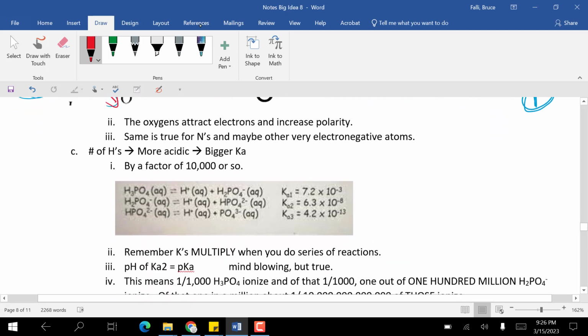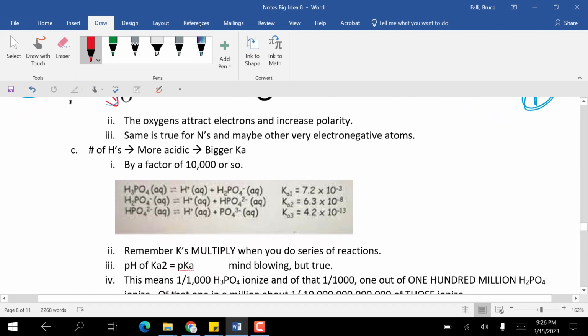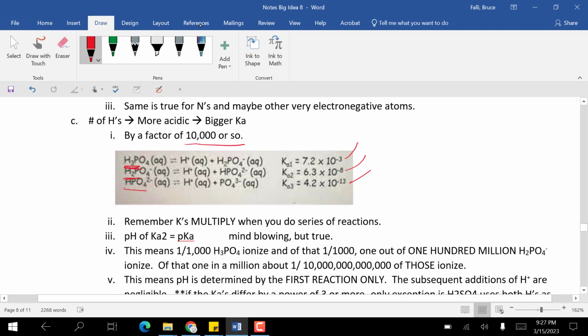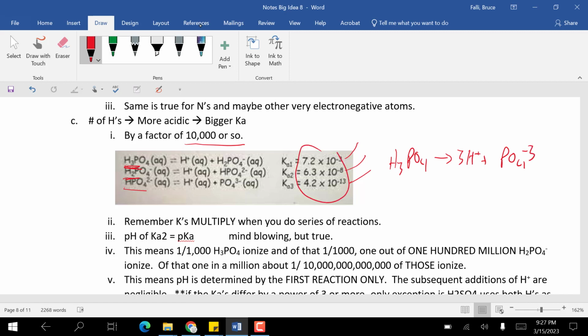The number of H's makes it more acidic and gives a bigger Ka by a factor of 10,000 or so. Holy cow, look at this. 10 to the third is the Ka for 3 H's. If I've got 2 H's, 10 to the 8th, that's 5 zeros different. Another H, 5 zeros different. So if I wanted to go from H3PO4 to 3H positive plus PO4 negative 3, that's going to be the product of each of these.